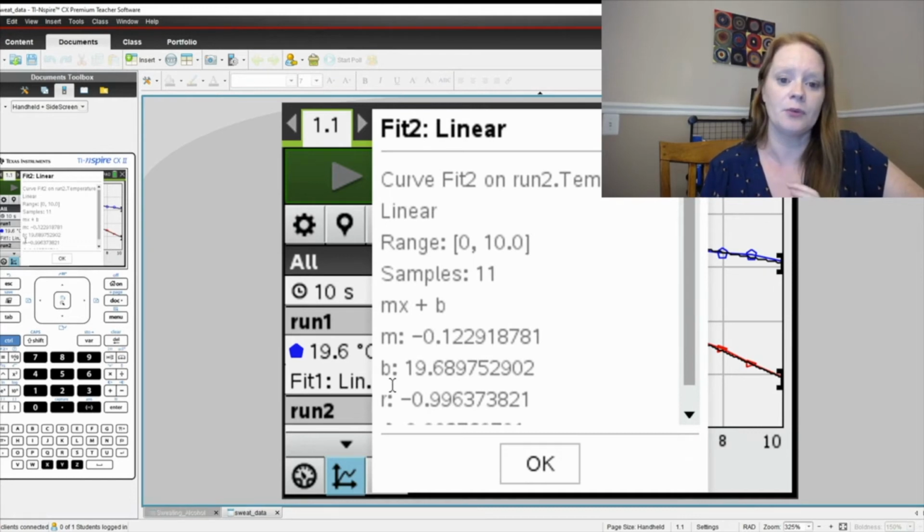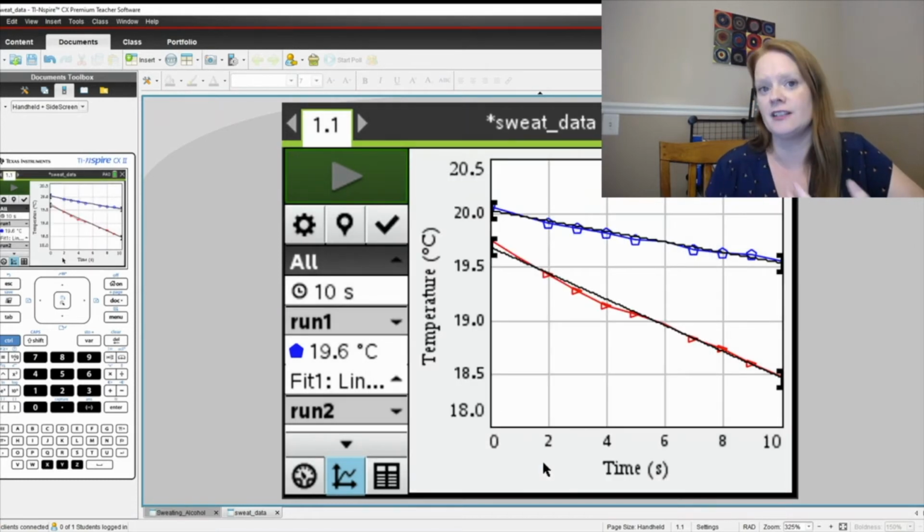And so we can use that information to put together a data table and find the difference between them and help our students make some connections between what's going on in the data and what more we need to understand. And so this is an example of a data table your students could put in their scientific notebook where they're recording the rate of cooling. So they have their two different substances, water and alcohol.